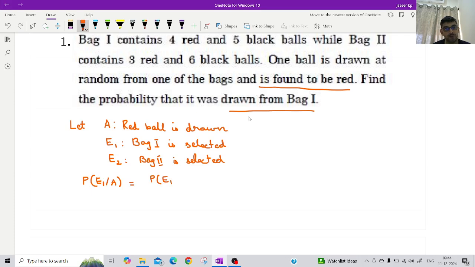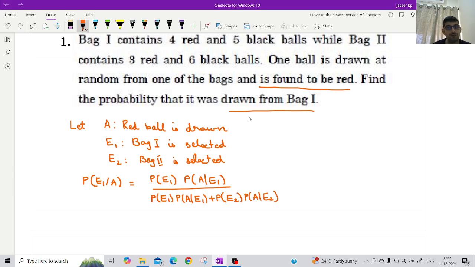So that is P of E1 given A. If you use the formula, P of E1, P of A given E1, divided by P of E1, P of A given E1, plus P of E2, P of A given E2.